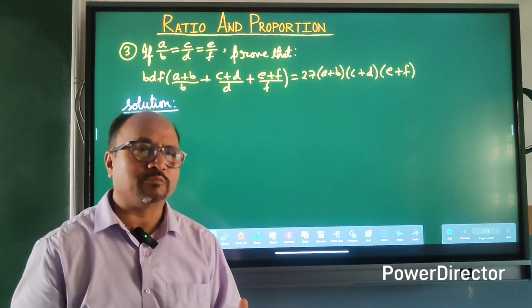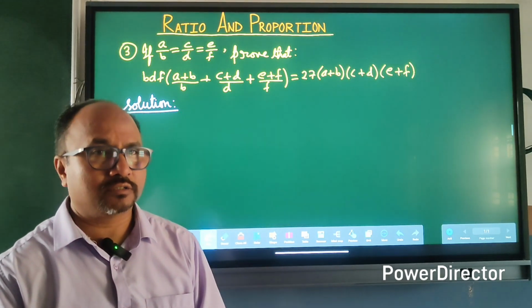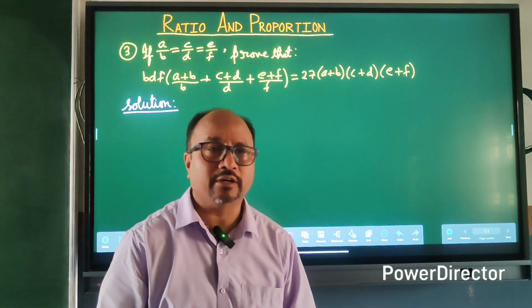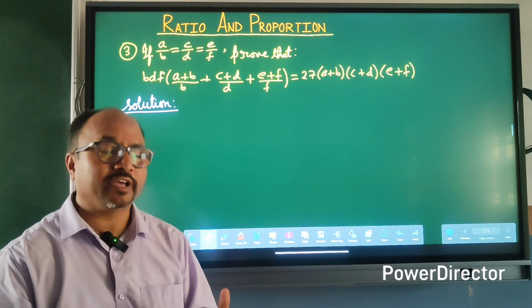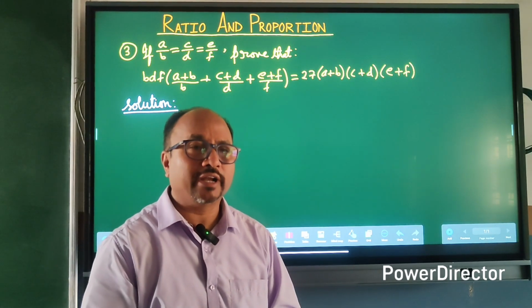But some of the sums can be done by solving only the LHS or RHS. So I have taken a sum here where the solving of LHS will lead to getting that RHS part. So let us see this sum.